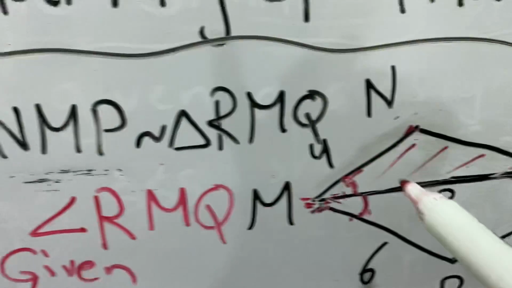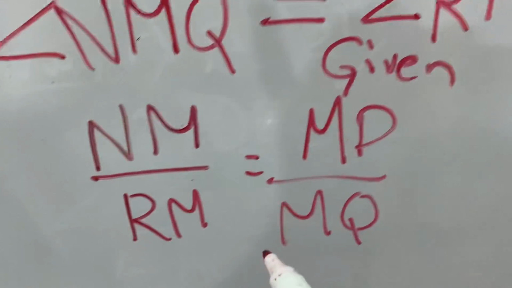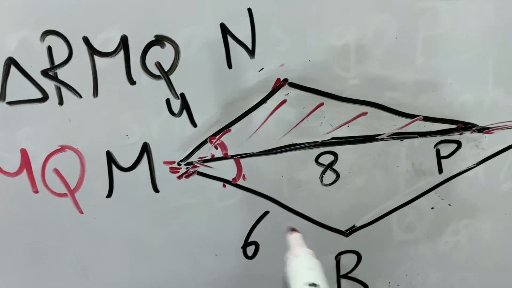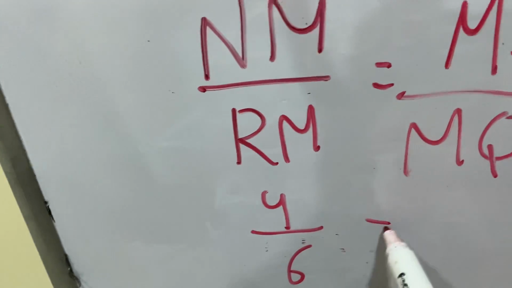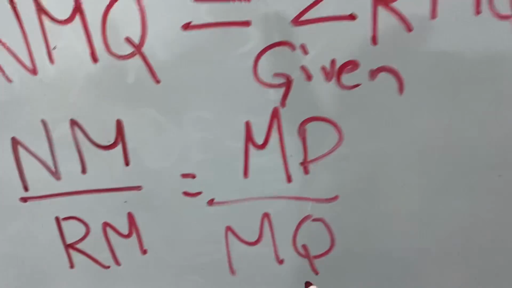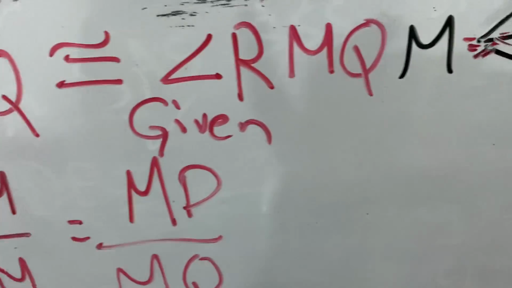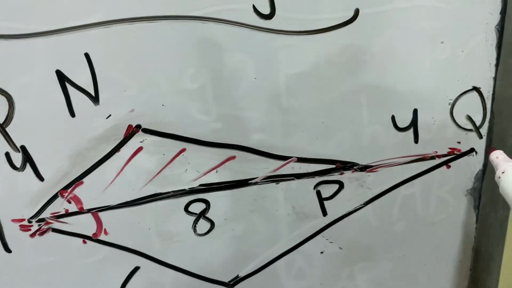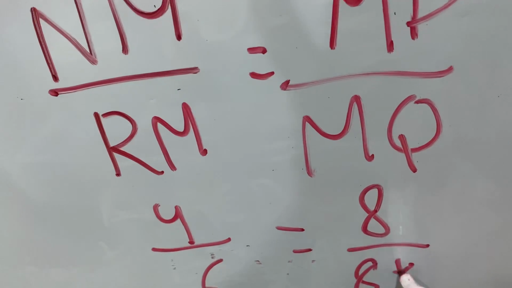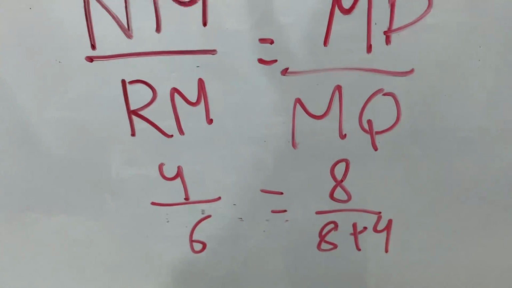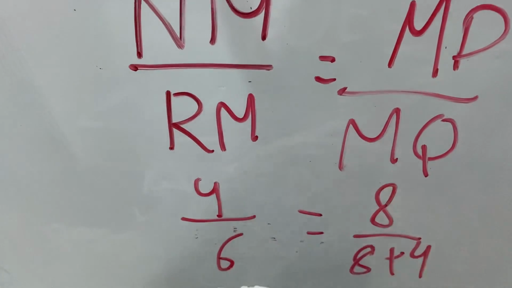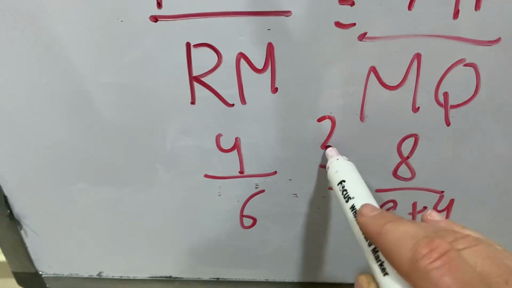Now NM is 4, so I will write 4 over RM, which is 6, equals MB, which is 8, over MQ. MQ is from here up to here, so it's 8 plus 4. Take care. Now I need to check: is this ratio equal to this ratio? I don't know, I will check.